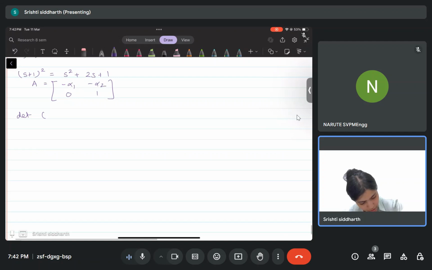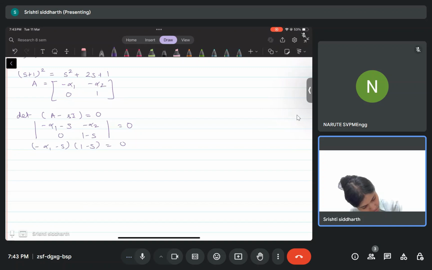So let's see what the characteristic polynomial is: determinant of A minus sI equals 0. This implies that we have the determinant of minus alpha 1 minus s, minus alpha 2, 1, and minus s. So we have minus s times minus alpha 1 minus s, plus alpha 2.